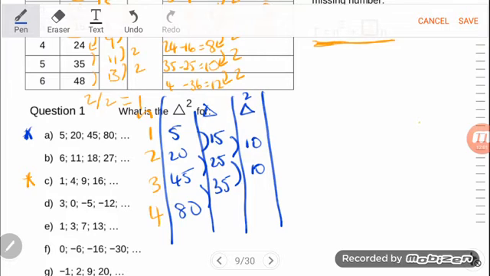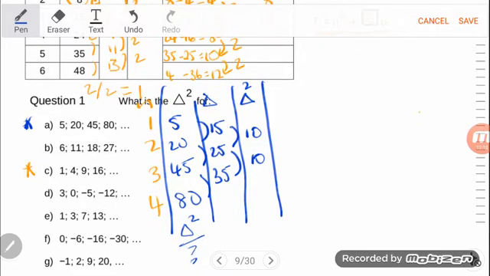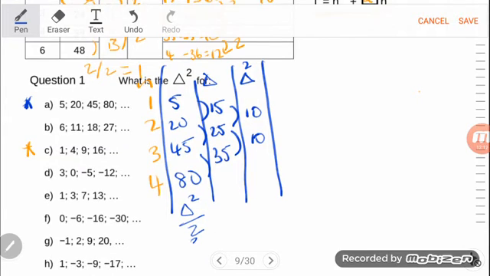Okay, let's find out how many n squareds we need. So, our little trick is second difference, divide by 2. Right? So we need this. In this case, it's going to be 10 divided by 2. 10 divided by 2 is 5.